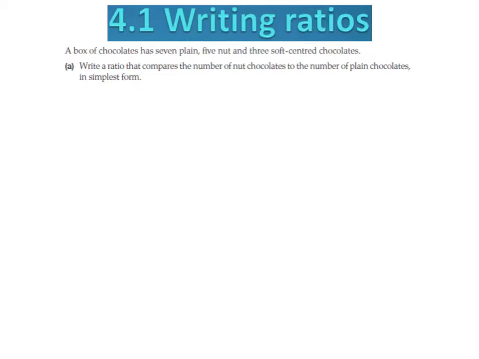This question is asking, write a ratio that compares the number of nut chocolates to the number of plain chocolates in simplest form. What I suggest that we do first is to write out what the question is asking in words. So it's asking us to compare nut chocolates ratio to plain chocolates.